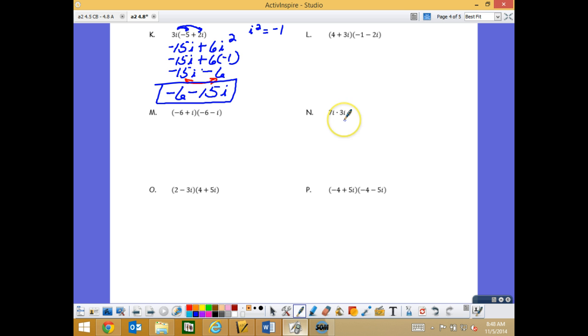I'll actually jump down to N before we start talking about the FOILing that we have to do in L, M, O, and P. So, when multiplying these two, 7i times 3i is 21i squared. And once again, i squared is equal to negative 1.